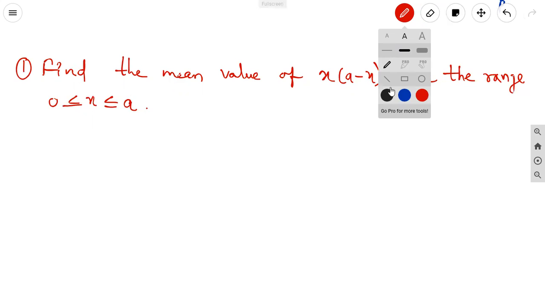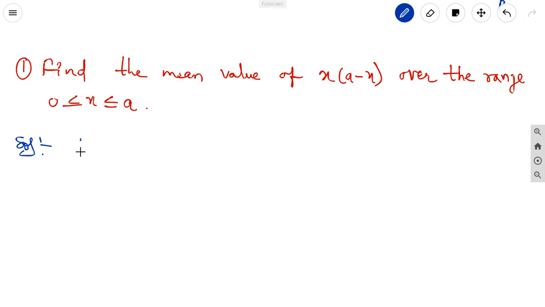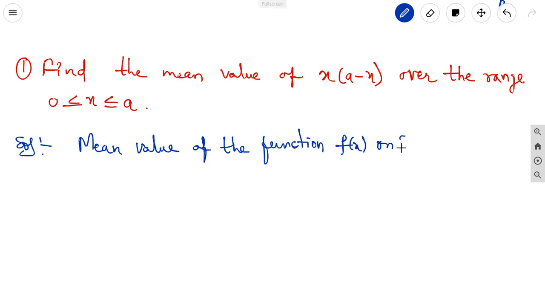We know what is the formula of the mean value of the function. Mean value of the function f of x on closed interval a comma b is equal to 1 by b minus a integral a to b f of x dx.